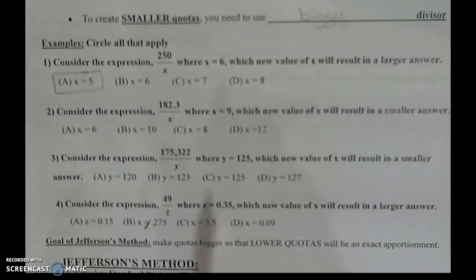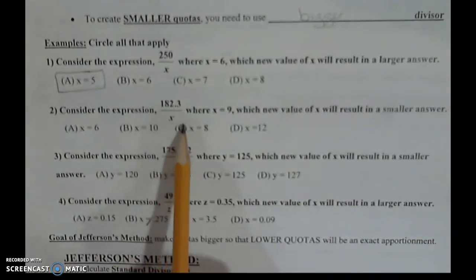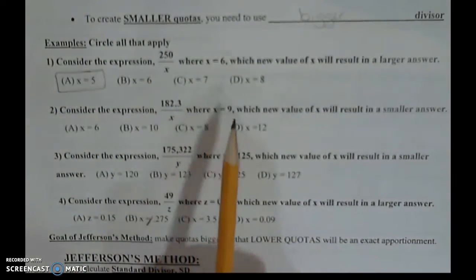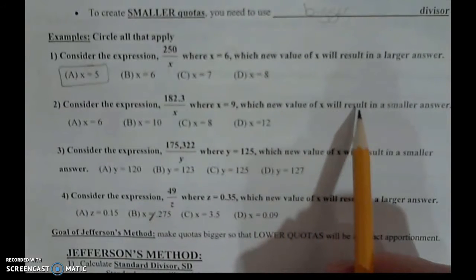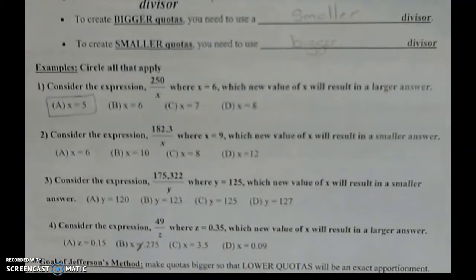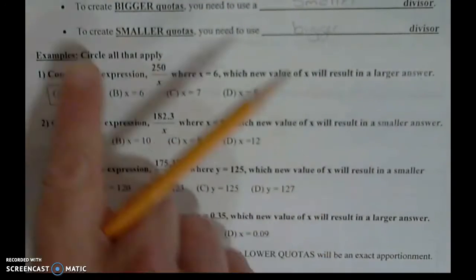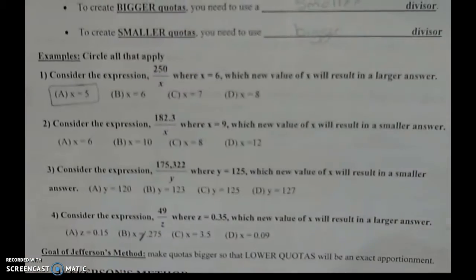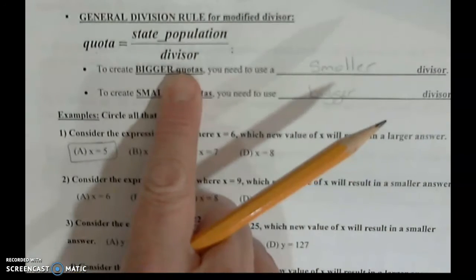All right, same thing here. Consider the expression where x was a 9. Which new value of x will result in a smaller answer? Remember, think about what we're doing here. My answer would be my quota. That divided by that gives me my quota.